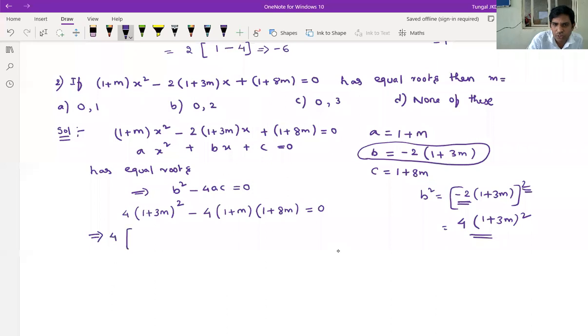Now simplify this equation. 4 into 1 plus 3m whole square is in the form of a plus b whole square, which gives a square plus b square plus 2ab.